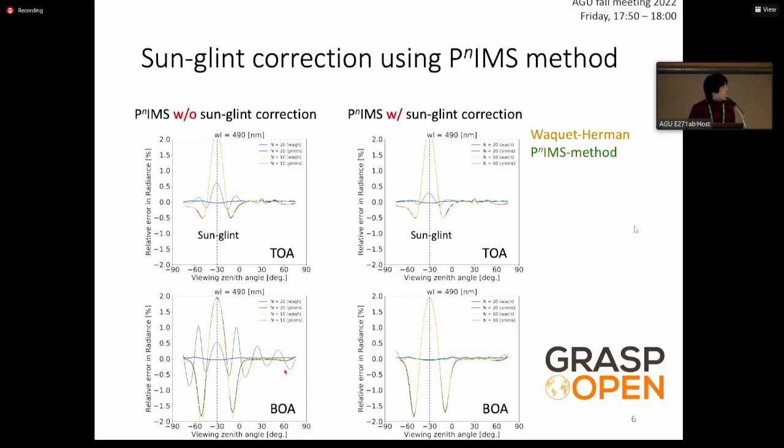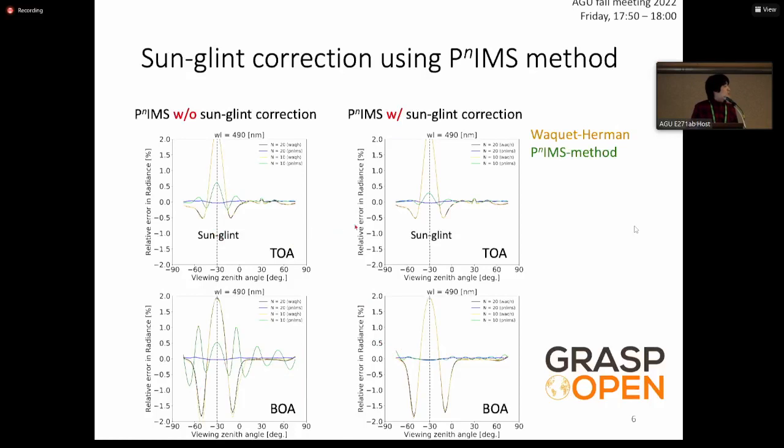Well, I should explain the figures. The left part is without sunglint corrections. It means that only the atmospheric term is corrected. And the right part additionally corrects the sunglint effect, the second order of the sunglint effect. The bottom is the bottom of atmosphere, and the upper side is the top of atmosphere. So the bottom of atmosphere is well reconstructed using the IMS with the sunglint correction.